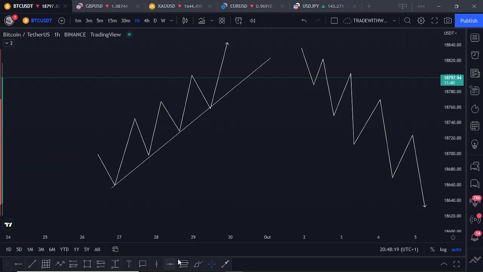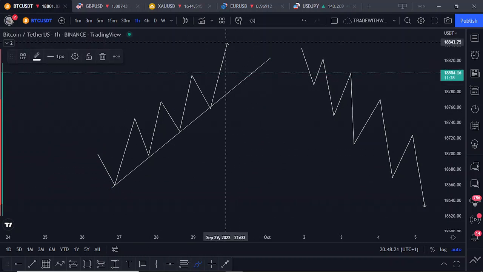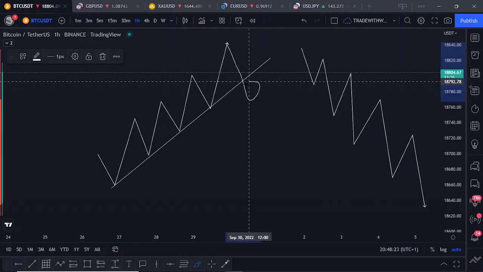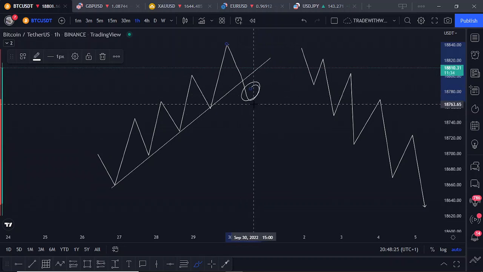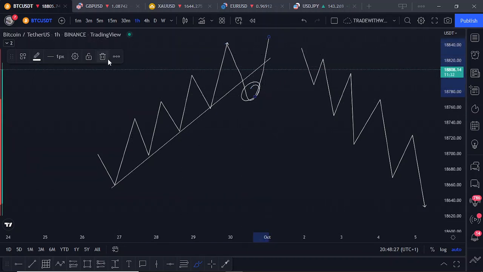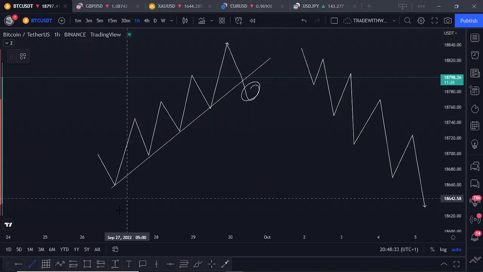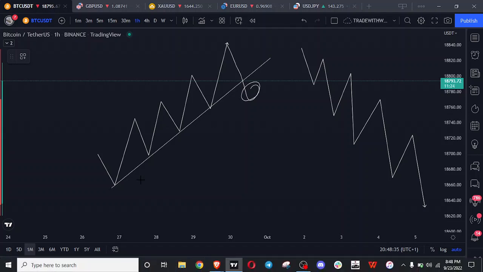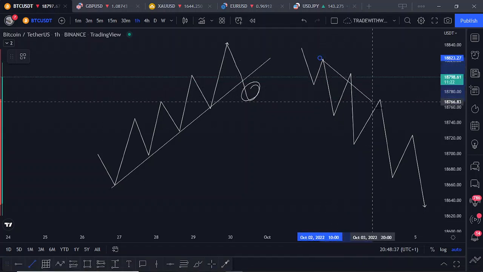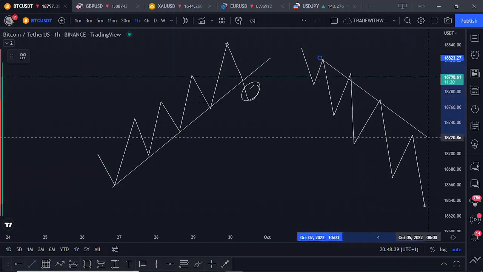Okay, so we also believe that market should do this: grab liquidity, take out everybody's stop loss, move in their direction. Okay, so same thing here also. Where is the liquidity? It is here, right? Over there.